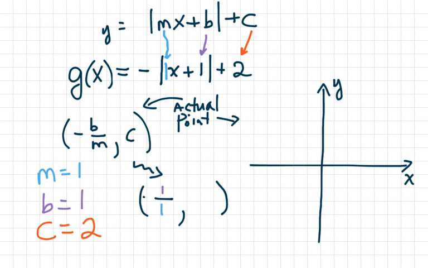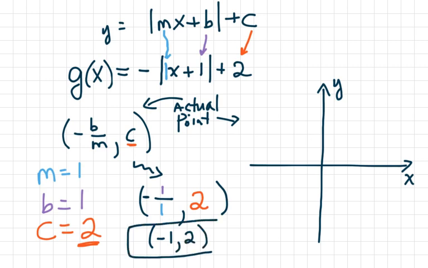And we have to put a negative sign in front because it's negative b over m. And then the c value is just going to be the value we defined right here. It's going to be 2. So if we simplify this, the point is going to be negative 1 over 1, which is just negative 1, comma 2. So this is the vertex of our absolute value function.